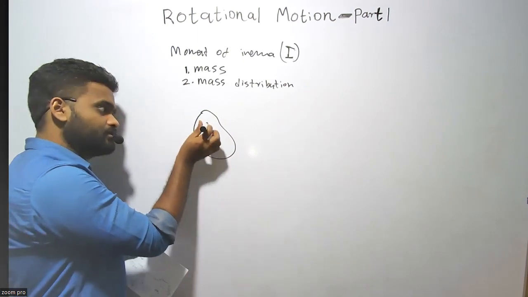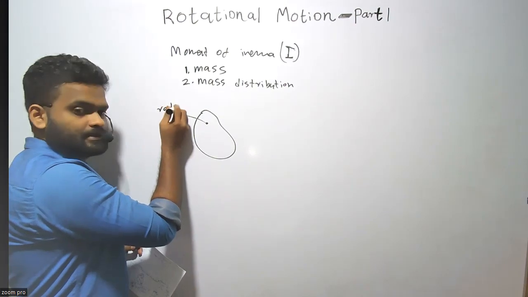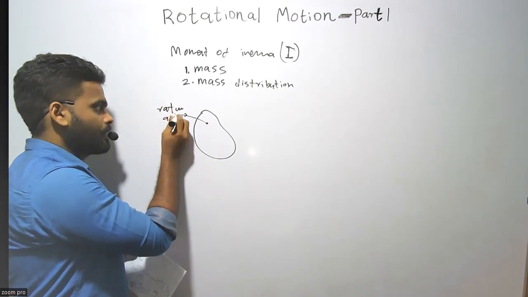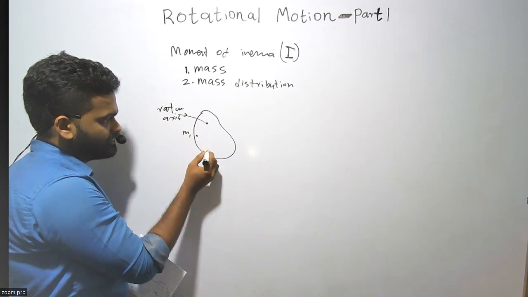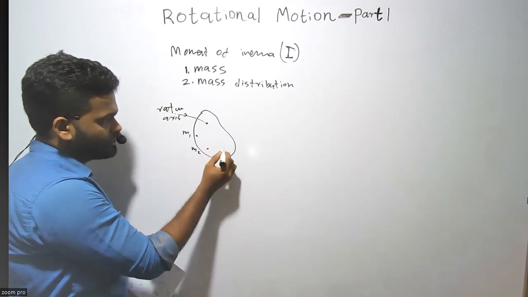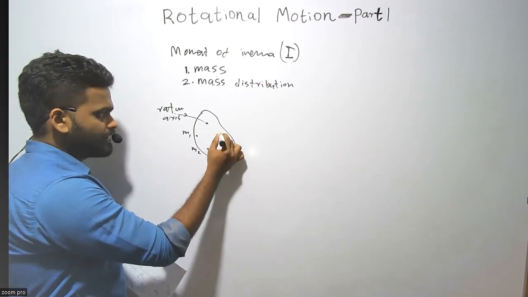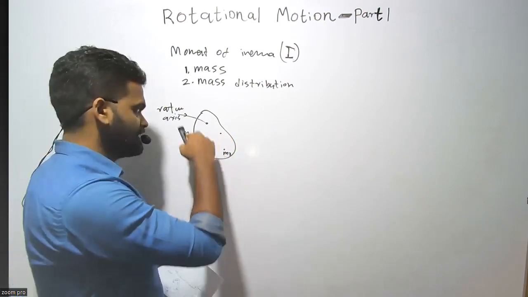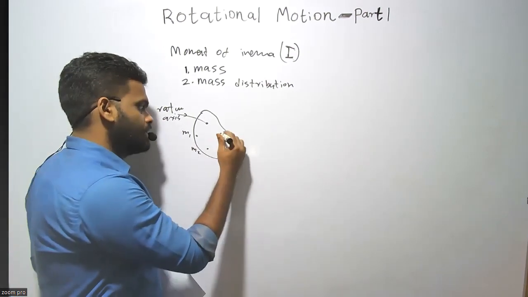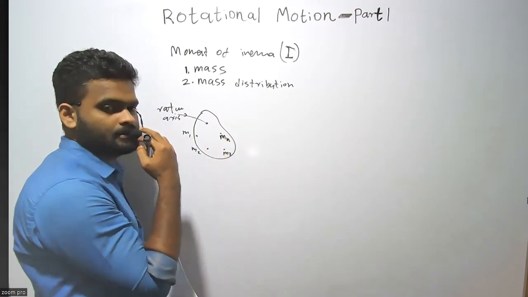So the rotational axis goes normal to this, right? This is the rotational axis. So let's say there's a particle here, m1 mass, another particle m2, another particle m3. Likewise, there are a large number of particles that make up this object, right? So let's say the last particle is mn, m subscript n.